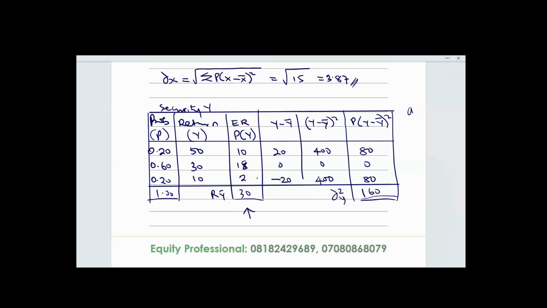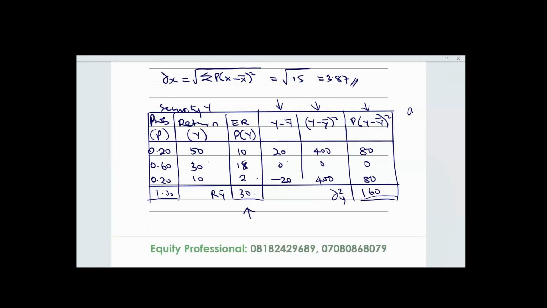Y is your return. So 50 minus 30 will give us 20. 30 minus 30 will give us 0. 10 minus 30 will give us minus 20. So you are just following the formula, the letters that you have in each column. Take into consideration the Y and then the Y bar.